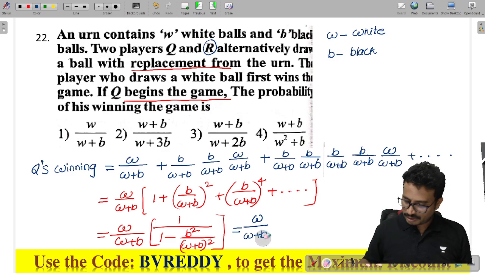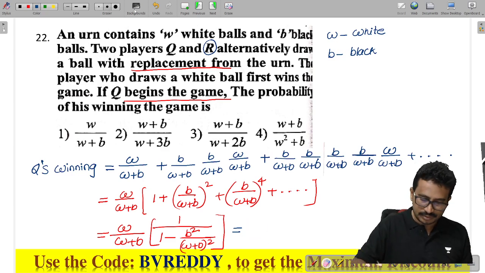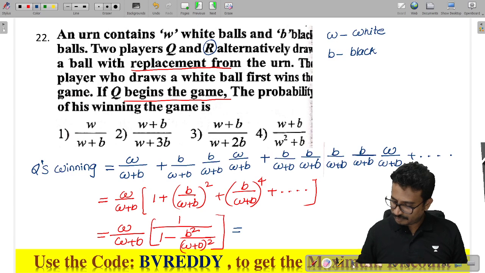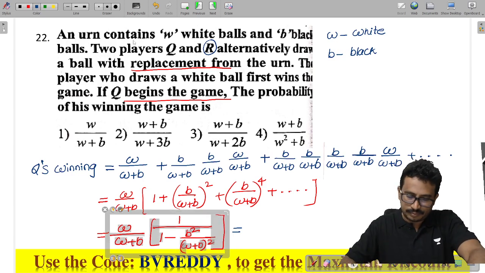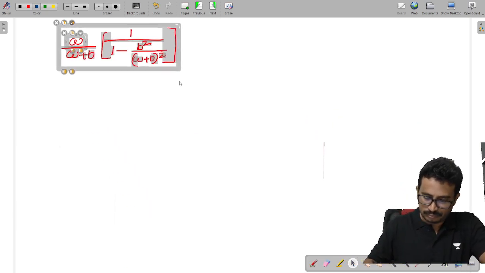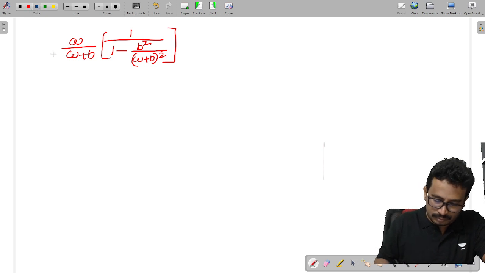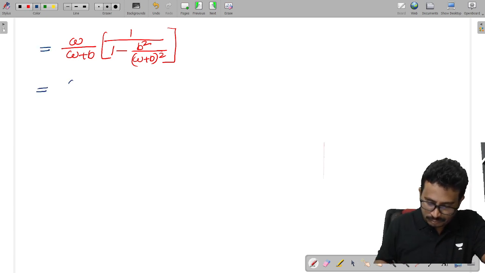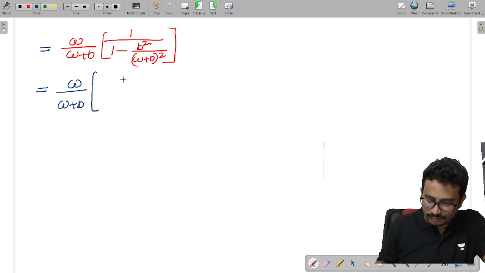Yes, let us go to the next page. I think it won't be sufficient here. W by W plus B into, so take the LCM and simplify, W plus B whole square by W plus B whole square minus B square.